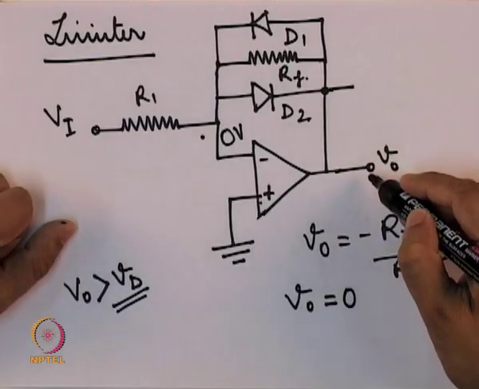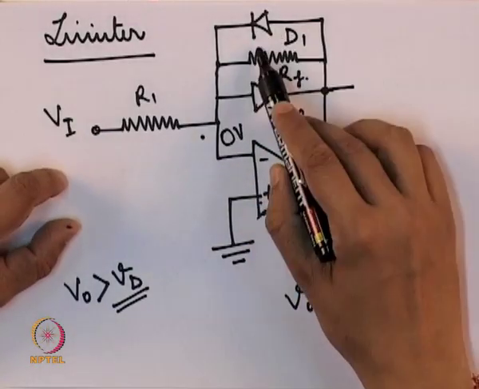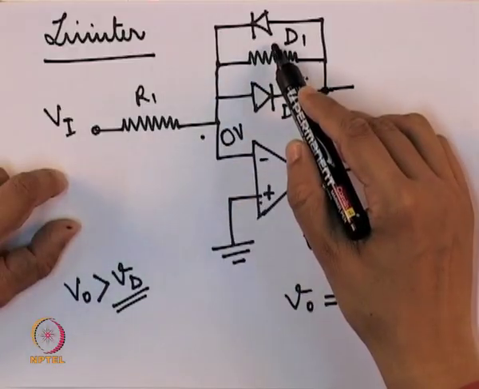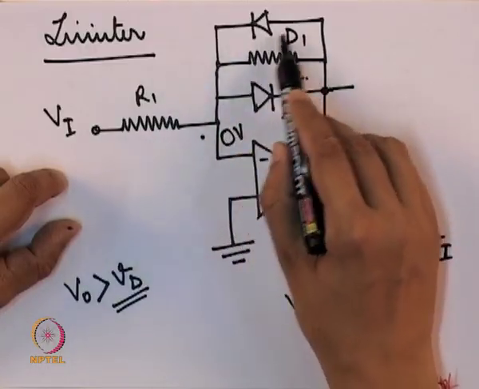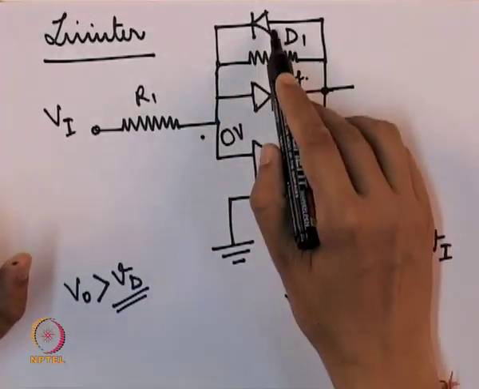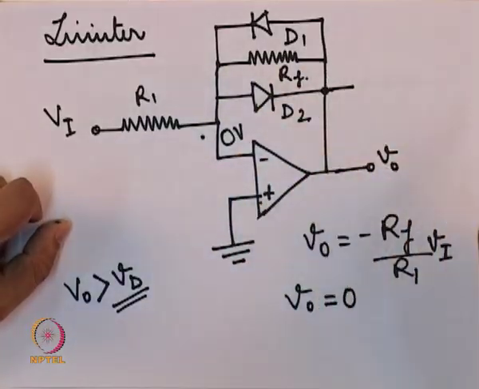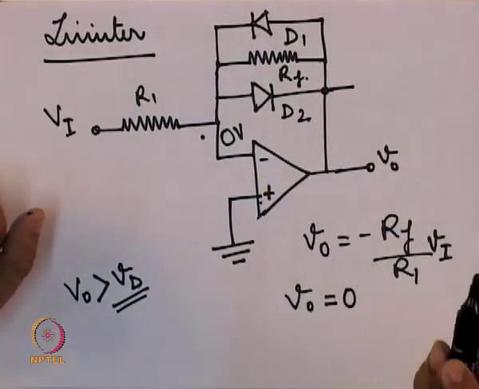If Vo becomes 0, then immediately what will happen? The voltage across the diode will become lesser than Vd, and therefore the diode will be in an open configuration, that is, it will not conduct. The short that existed between these two terminals will not exist once Vo becomes 0.